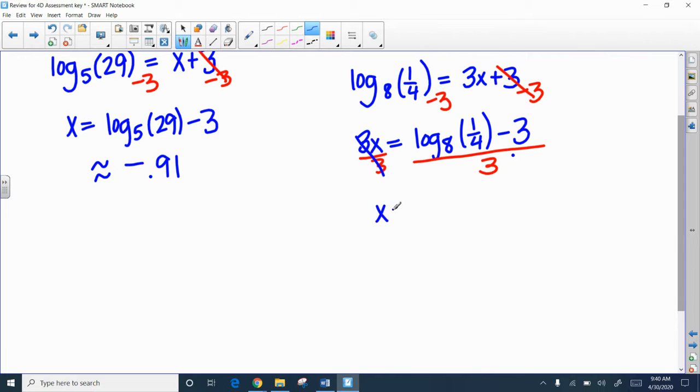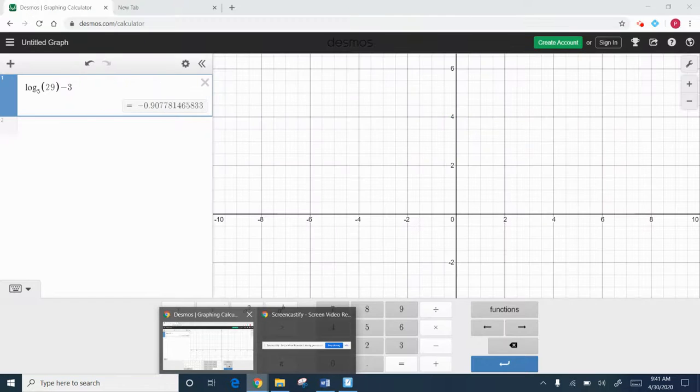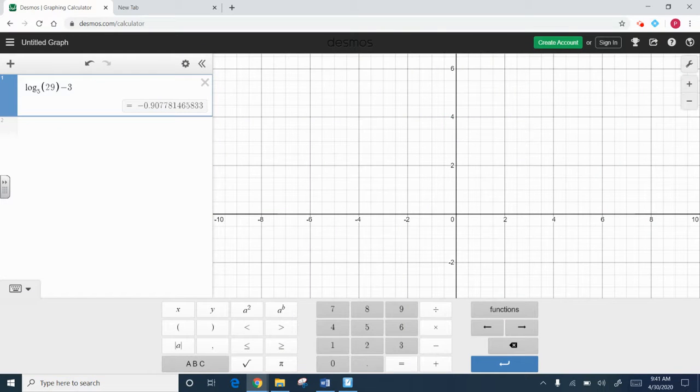So we get x equals log base 8 of 1/4 minus 3, all over 3. Now, we're going to approximate this one as well, but we just do have to be careful of the way we put it in our calculator. And I do need to use Desmos because this is a base 8, and most calculators only have base 10 or base e. So to Desmos.